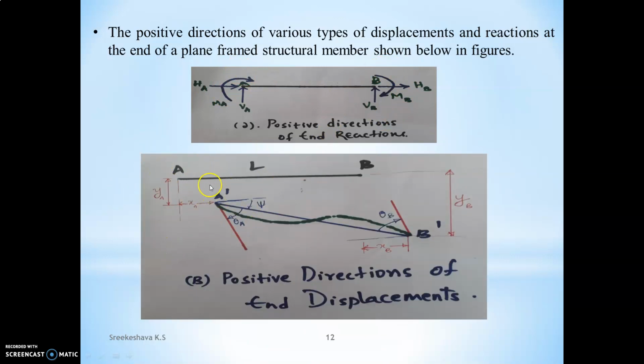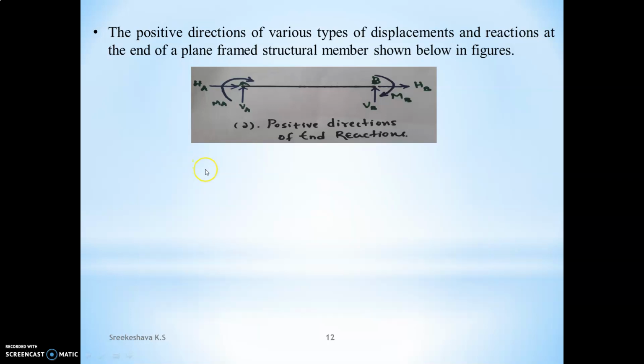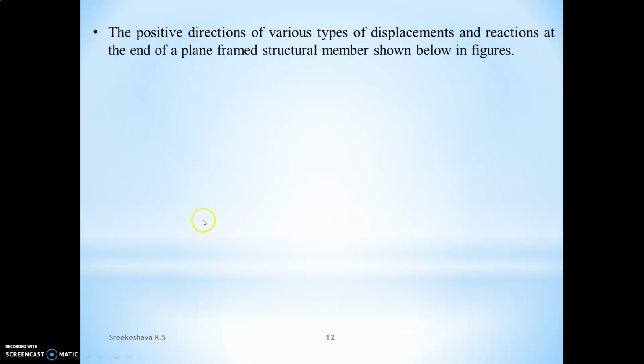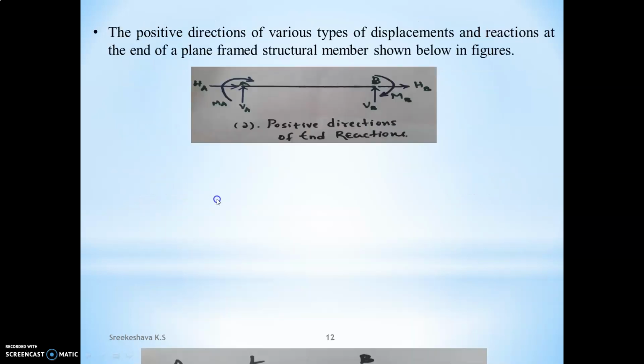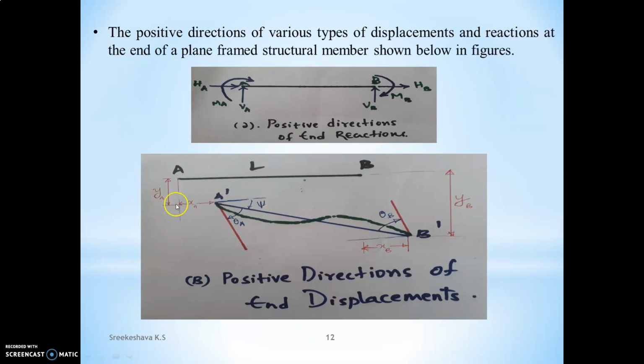The member subjected to load has three possible displacements. What are those? Two rotations and a translation. Observe here: initially AB, if you apply HA, it will move by XA, and because of HB, it will move by XB. They are relatively equal, XA equals XB. Therefore, there is no sway.